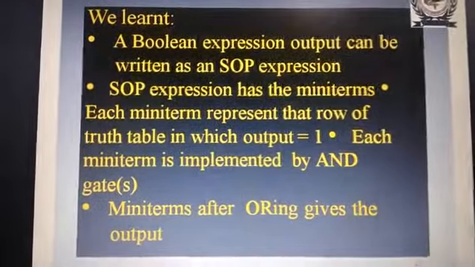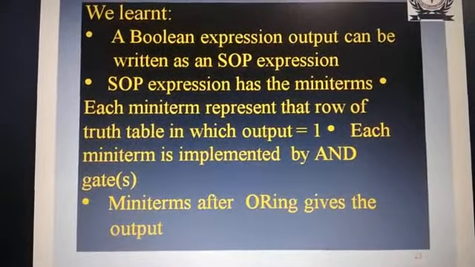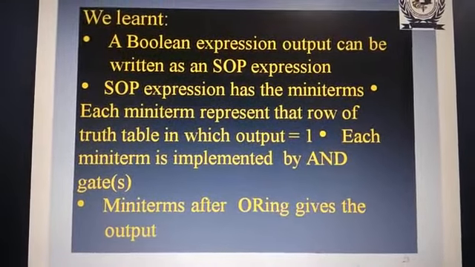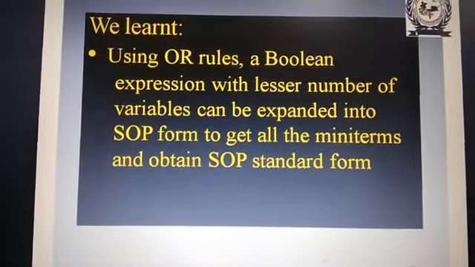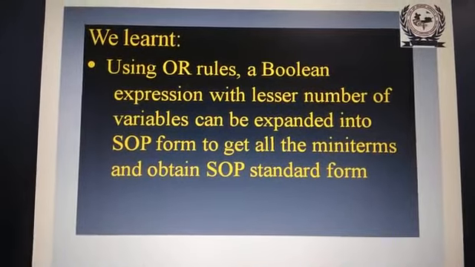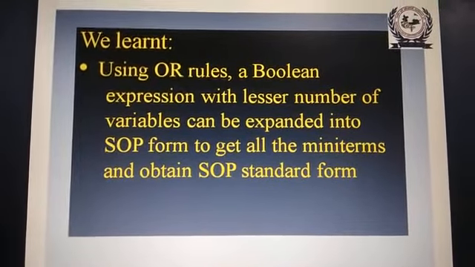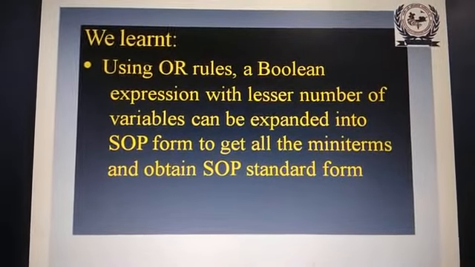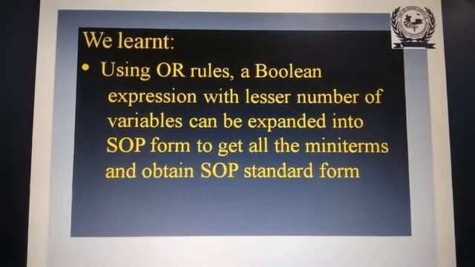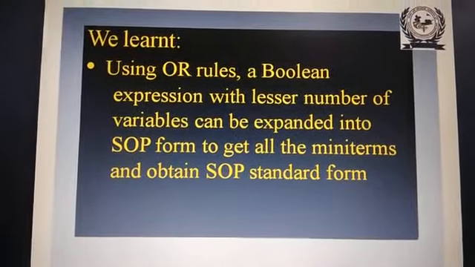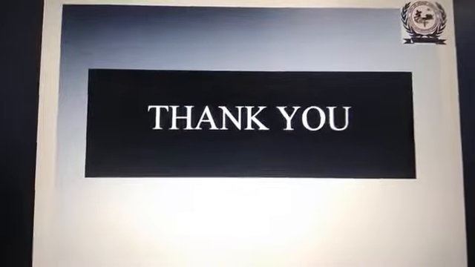Each min term is implemented by AND gates. Min terms after ORing give the output. Using OR rules, a Boolean expression with a lesser number of variables can be expanded into SOP form to get all the min terms and obtain the SOP standard form.